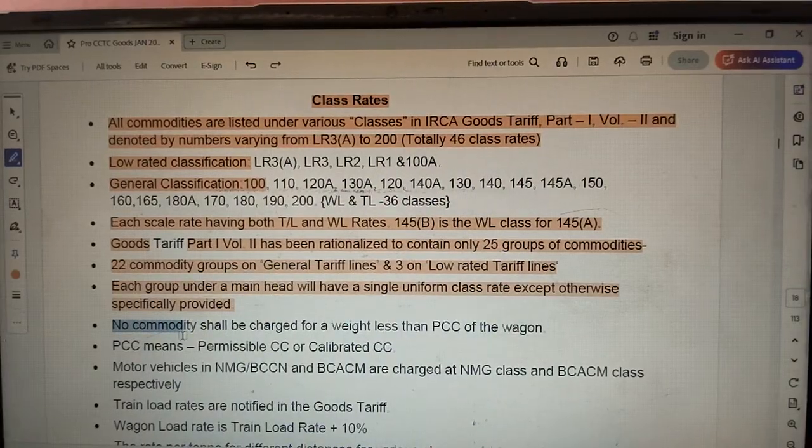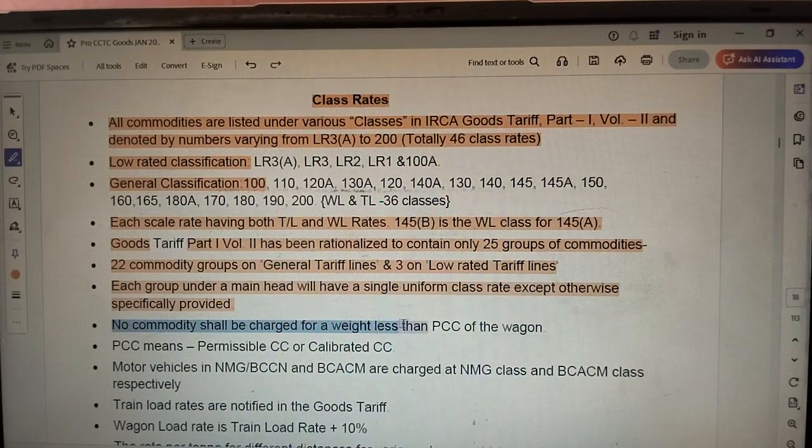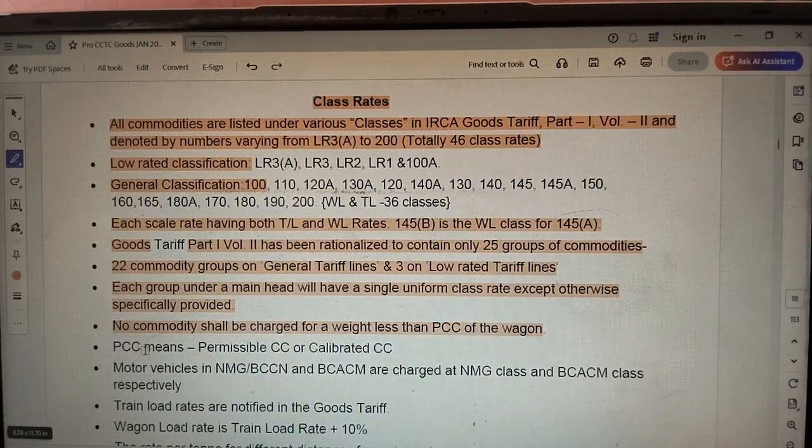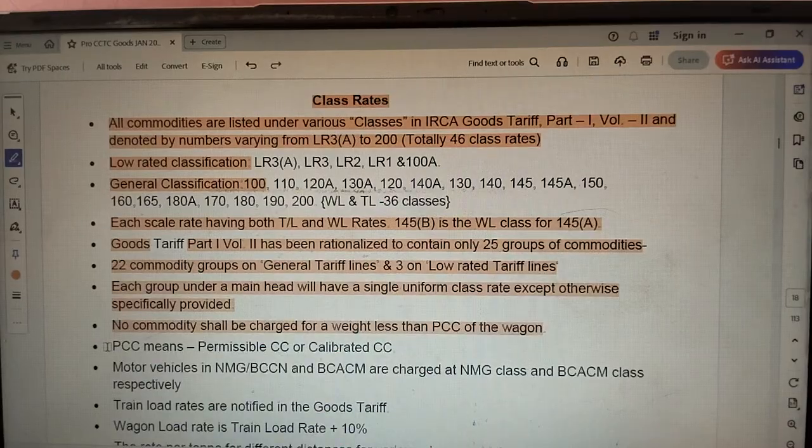No commodity shall be charged for weight less than the PCC of the wagon. PCC means permissible carrying capacity.